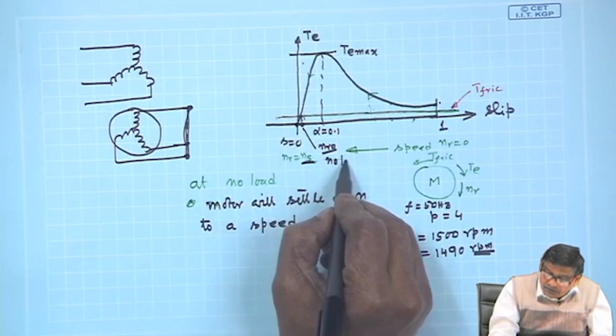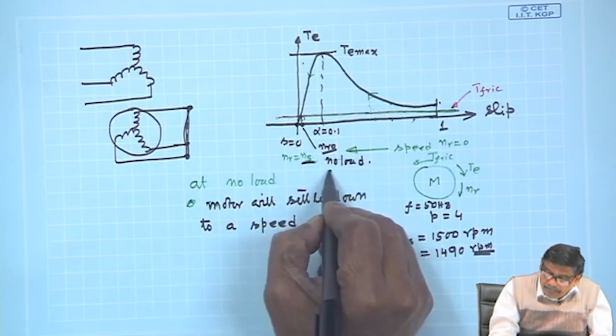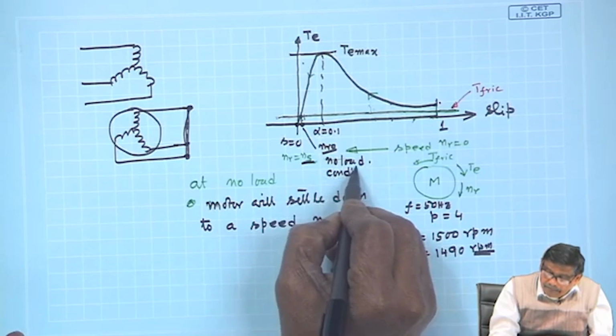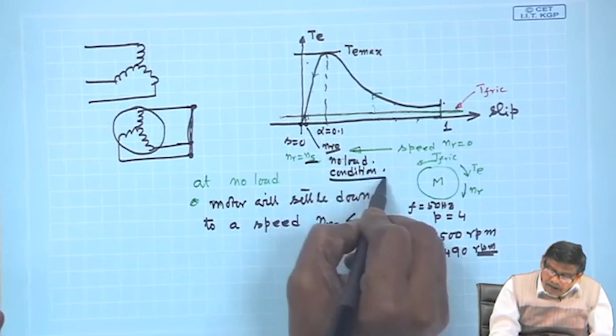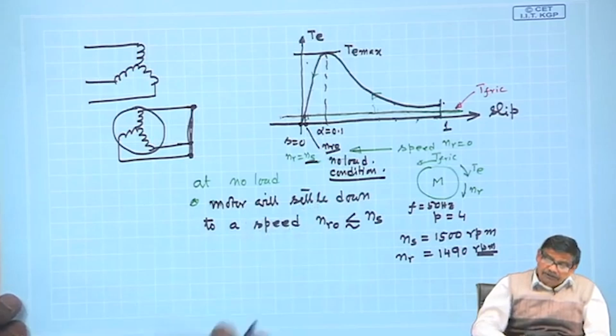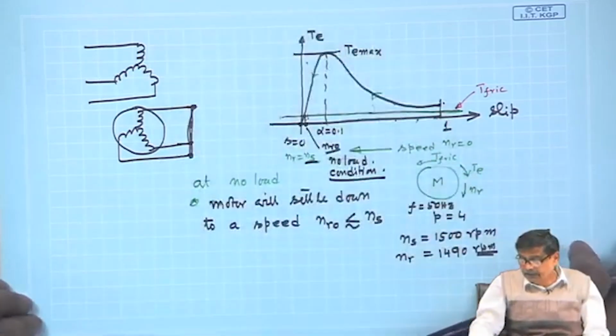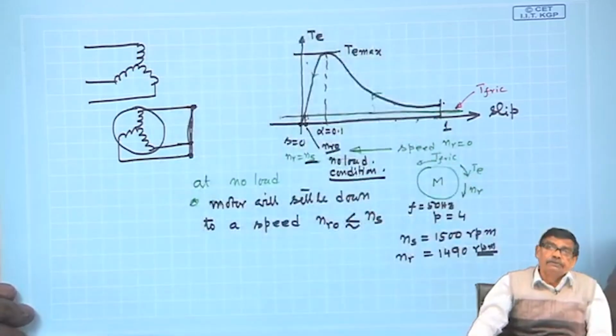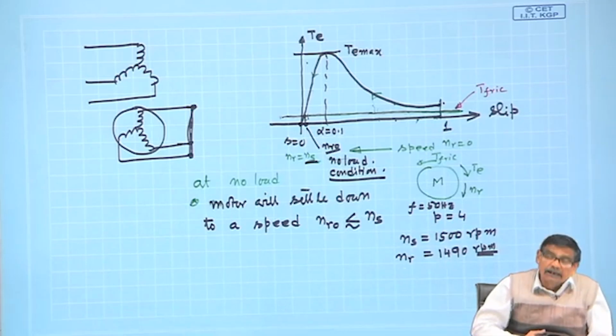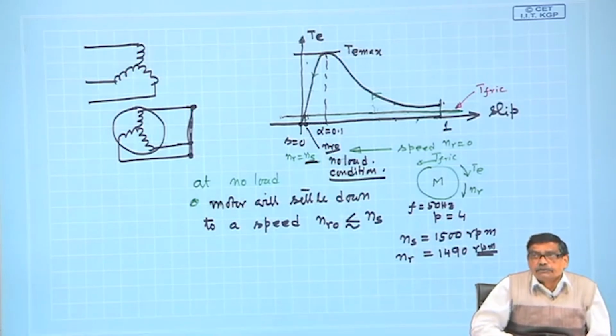So, this is no load. We will discuss further, because this torque slip characteristics, as I told you, can help me to understand many other finer points of 3-phase induction motors. Thank you.